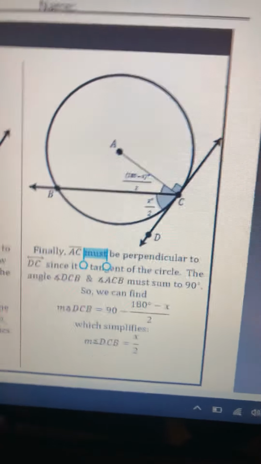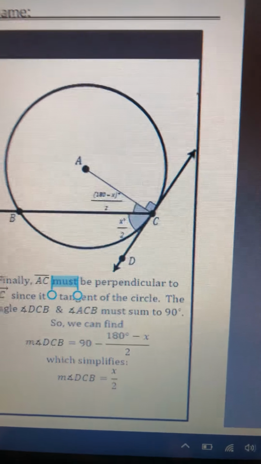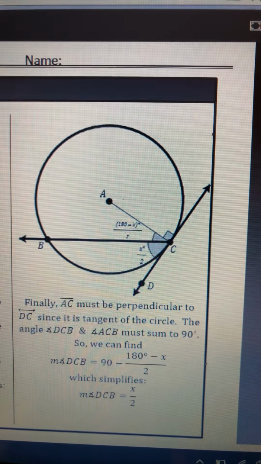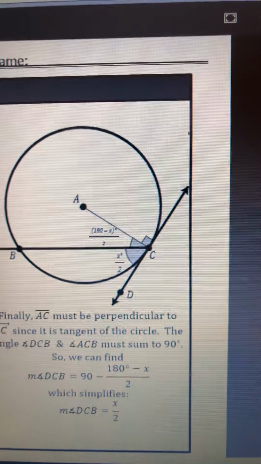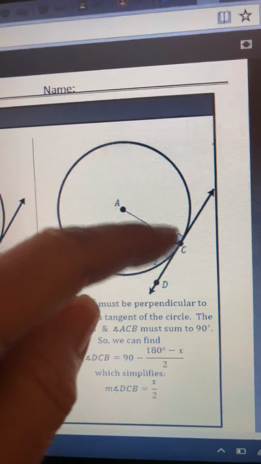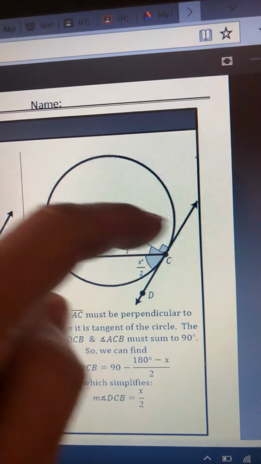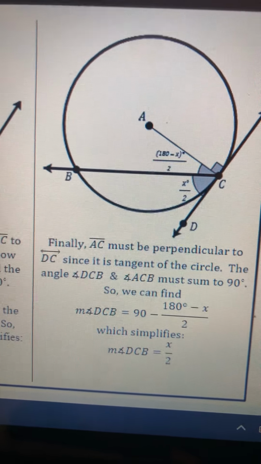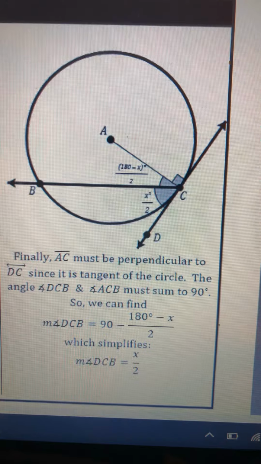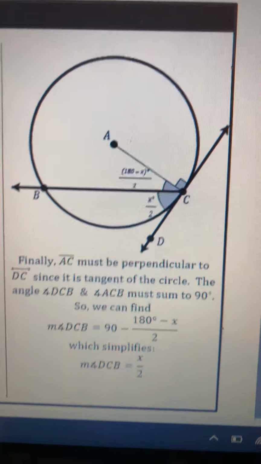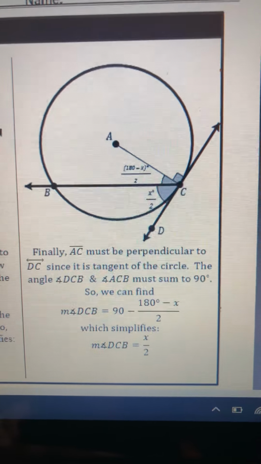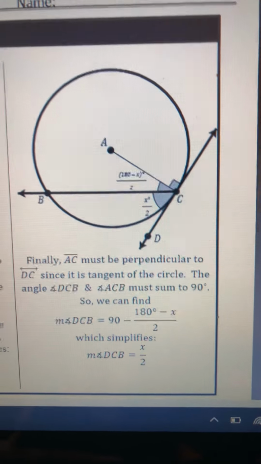So that brings us to our next step, that we have to remember that AC is going to be perpendicular at the point of tangency. So we know here that this angle is creating two 90-degree angles, so it's perpendicular. So the measure of angle DCB and angle ACB must sum to 90 degrees.